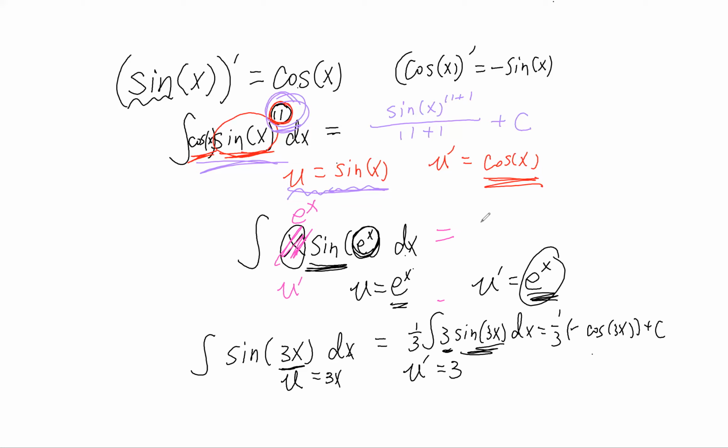Negative cosine of e to the x. Negative cosine, right? Because sine becomes negative cosine after integration. And what is inside? Let's see. E to the x. Perfect. That's it. So the final answer will be negative cosine e to the x plus c.